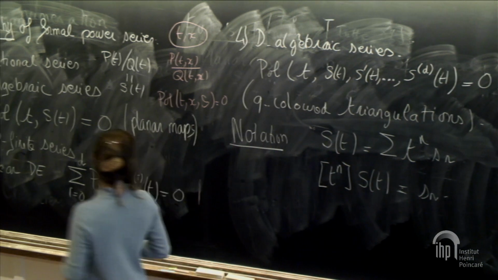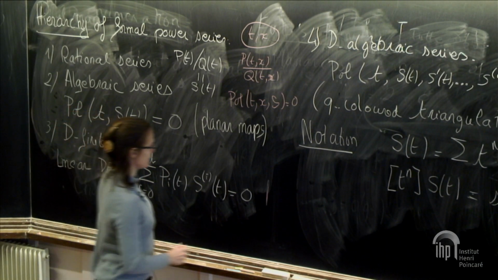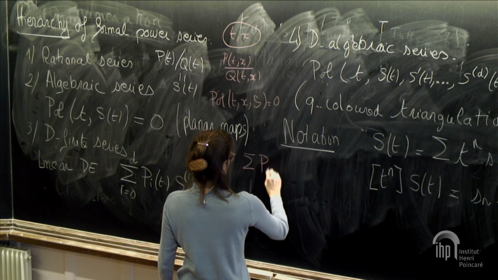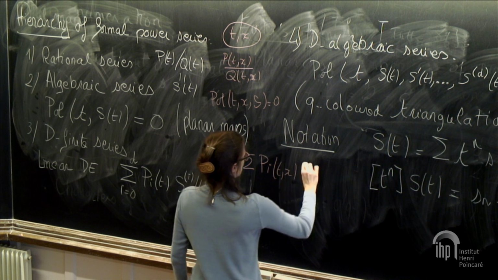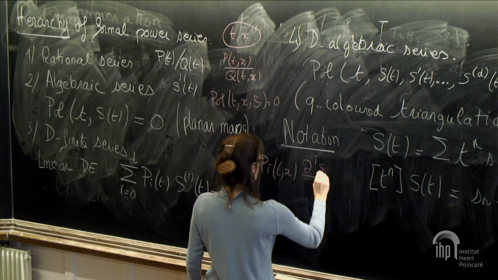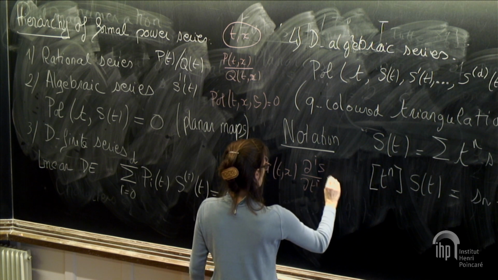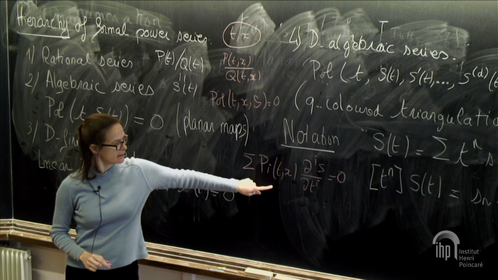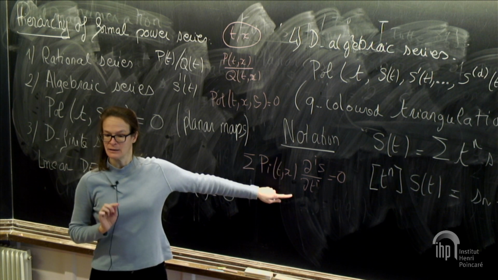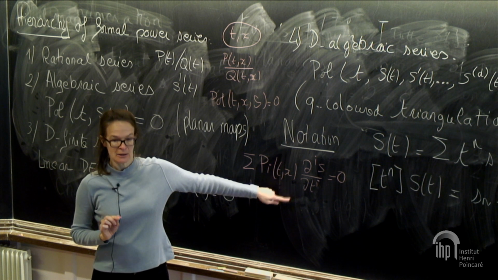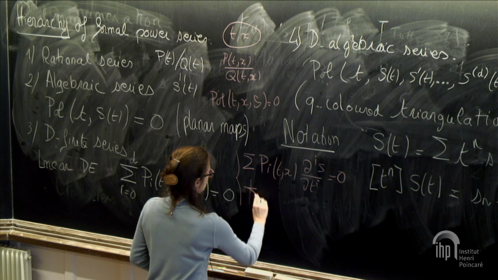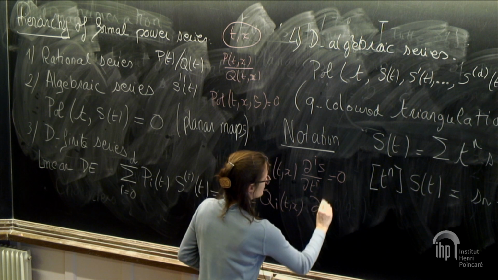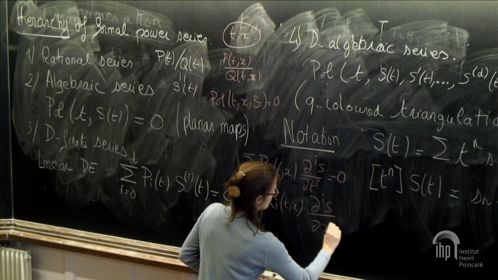So if you have two variables, T and X, you want a differential equation of this type where you allow polynomials in X, and here you have only derivatives with respect to T. But you also want another family of polynomials, Qi, with a linear differential equation in X.